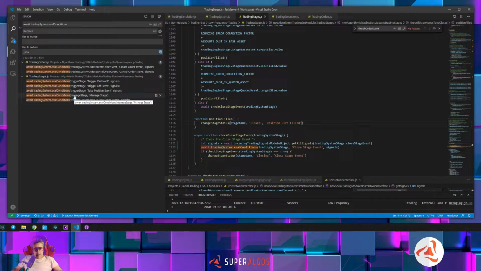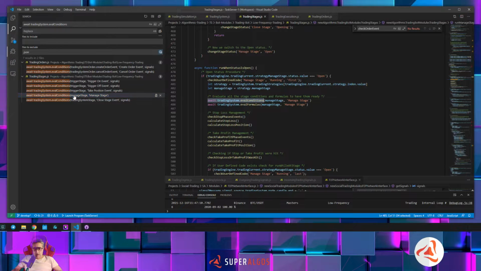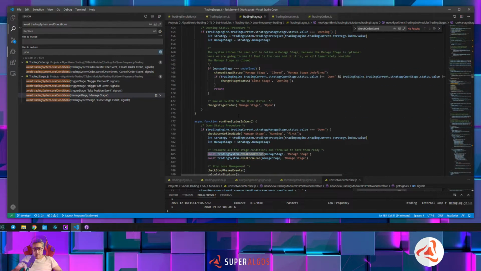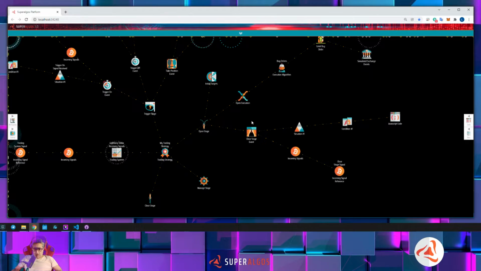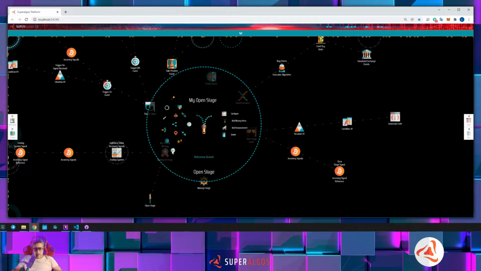Next one is this one that appears to be happening at the manage stage. Run the manage stage. Okay, so which are the events that happen at the manage stage that we need to take care of?